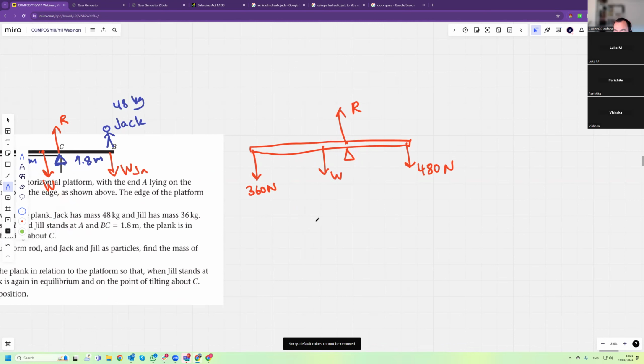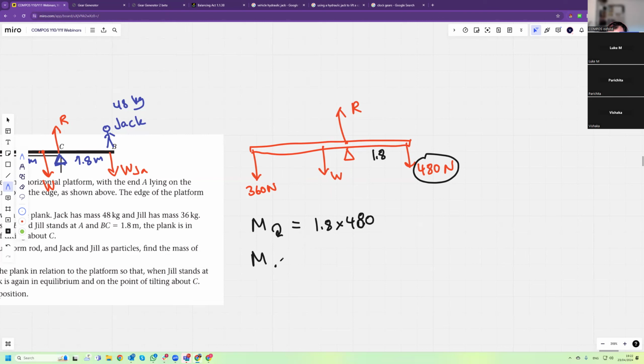So let's calculate the moments. The moments clockwise. So who's pushing clockwise? Only Jack is pushing clockwise. And this is 1.8. So it's 1.8 times 480. The moment anti-clockwise is Jill, 360 times 2.2, plus the weight of the plank, W, times the distance.